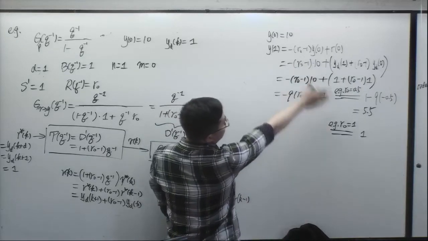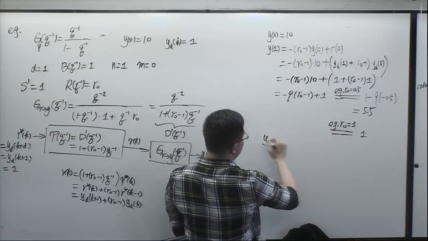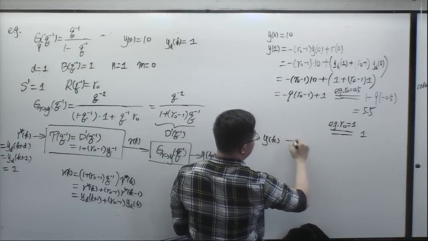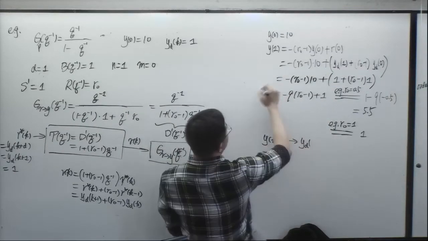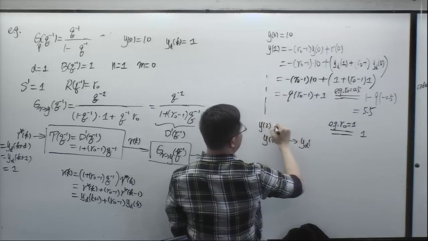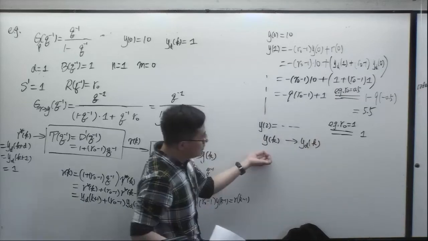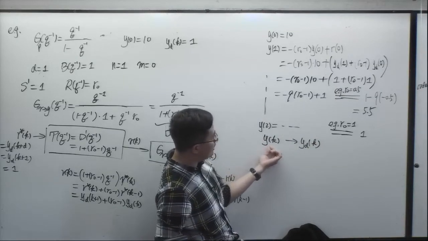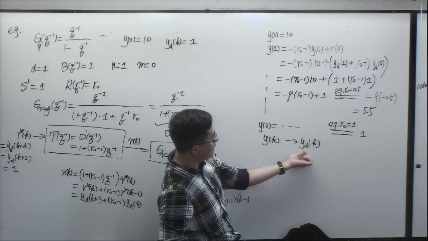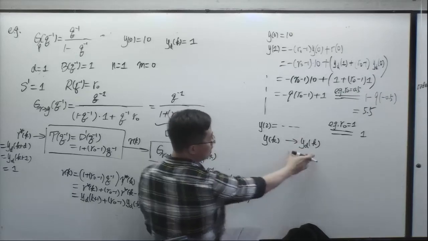So from this step, we can already see Y is going through a process to converge. You can continue and calculate Y2, etc. But the key message is that Y doesn't directly go to YD. It has to go through a convergence condition.